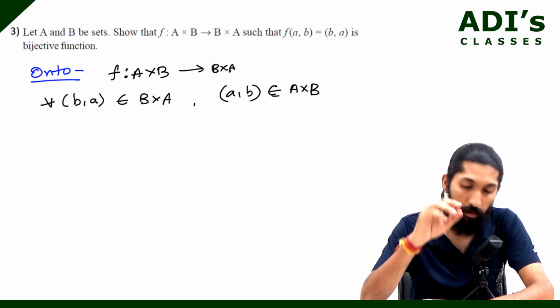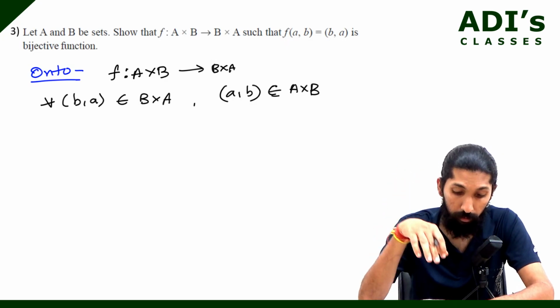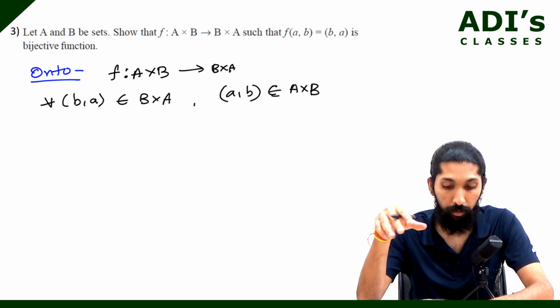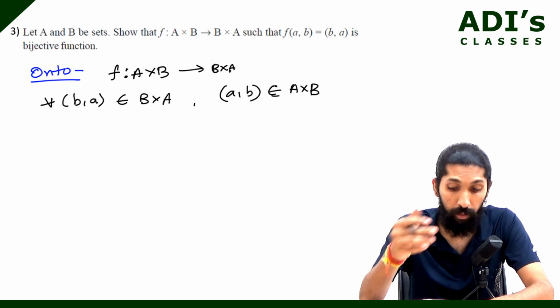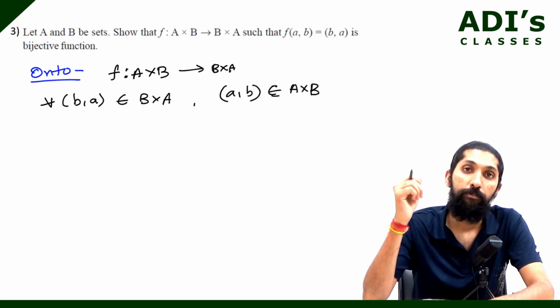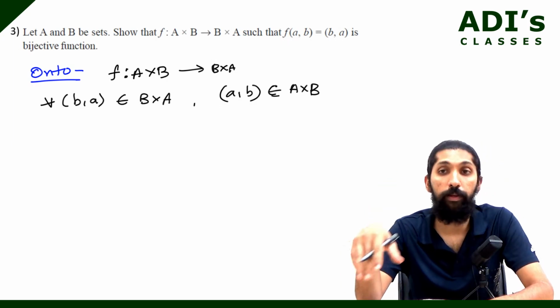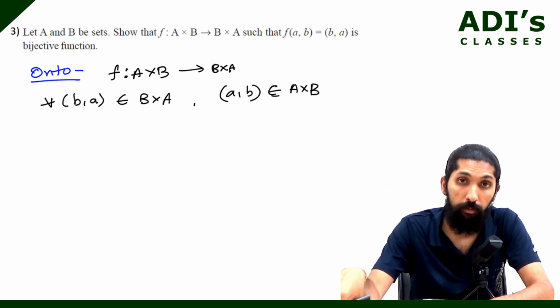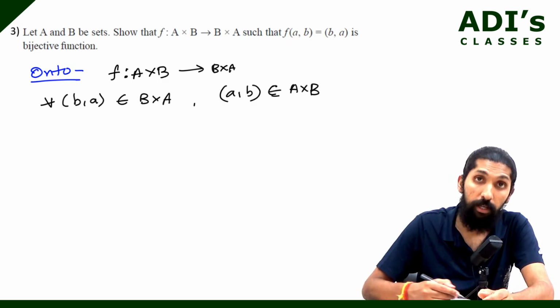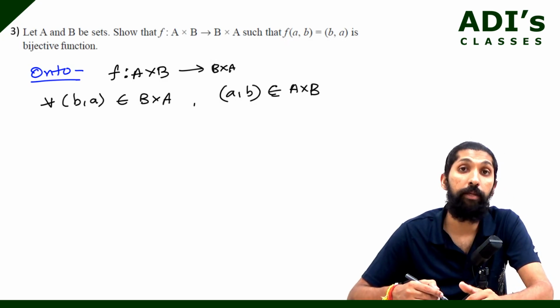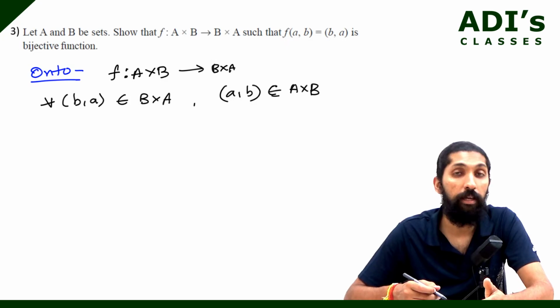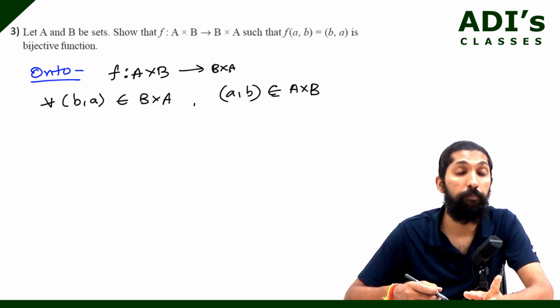Now A cross B to B cross A. So what we have is f of (a, b) is equal to (b, a). In general terms, what we can confirm is that for every (b, a), there will be one pre-image in the domain.